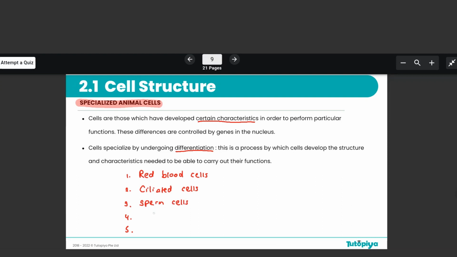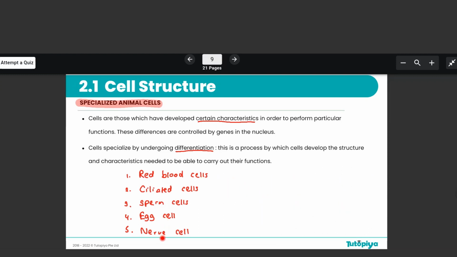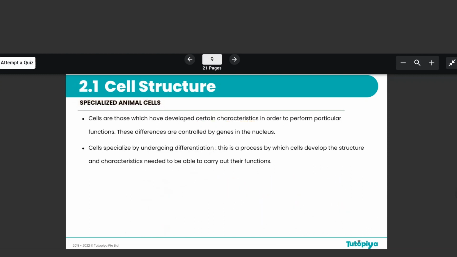And thereafter, we're going to be learning about the egg cell, and finally, the nerve cell. There are many other specialized cells as well, but we're just going to be focusing on these 5 specialized cells in this video.